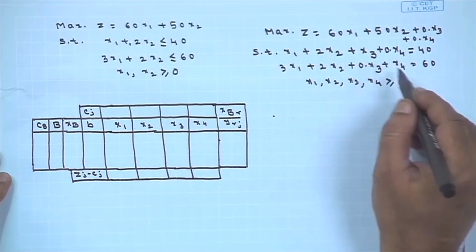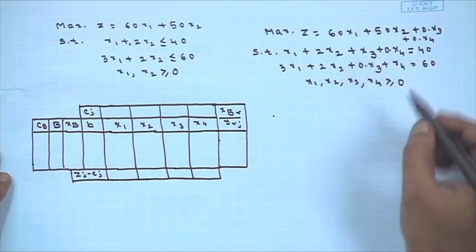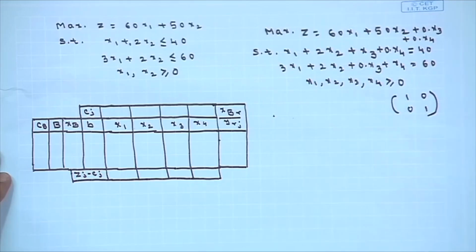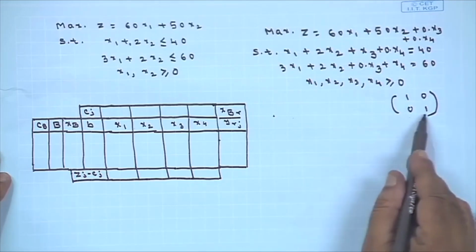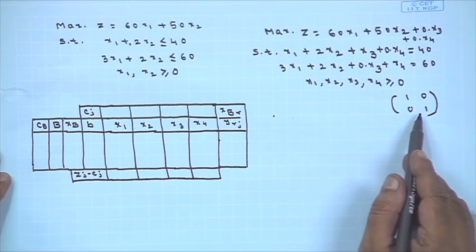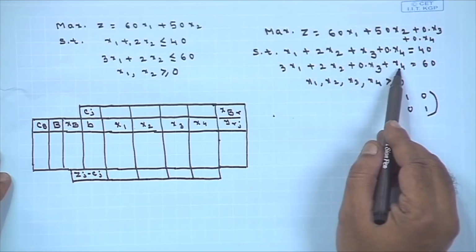If you note this particular portion, this side, it forms a linearly independent set of vectors, because a unit vector will always be that. So, what are the variables associated here? x3 and x4.